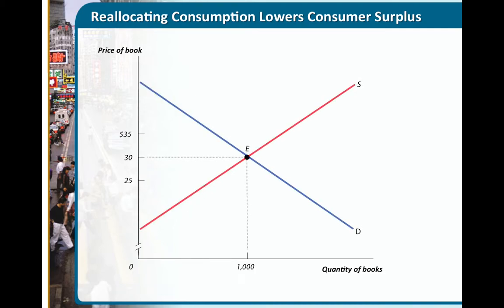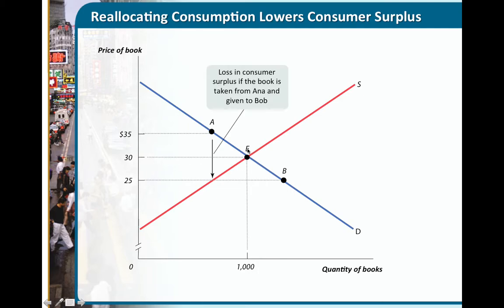So let's say you're at equilibrium and you have this area of consumer and producer surplus. If you tried to reallocate consumption, you would lose this surplus taken away from Anna, given to Bob, it would be gone.